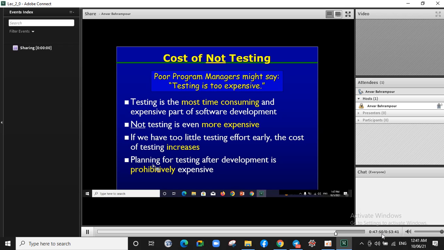And the last point is that planning for testing after development is prohibitively expensive. This is also true, and I will talk about this in the next slide.